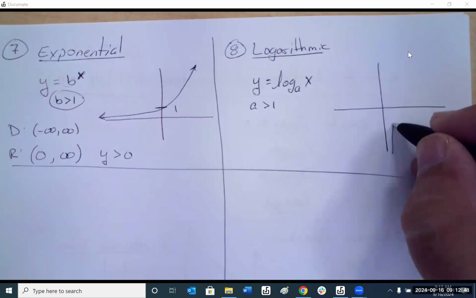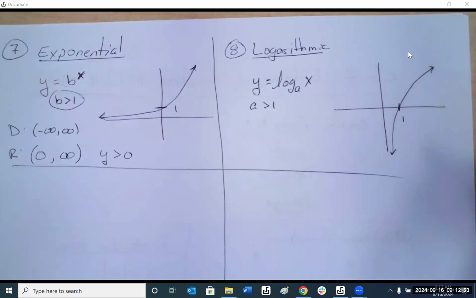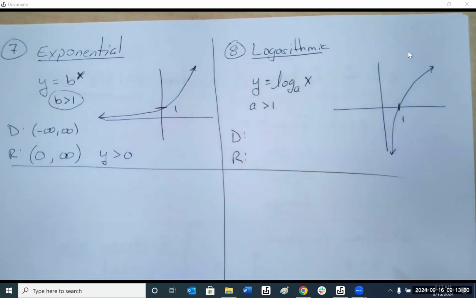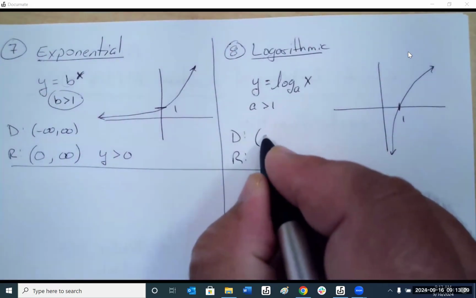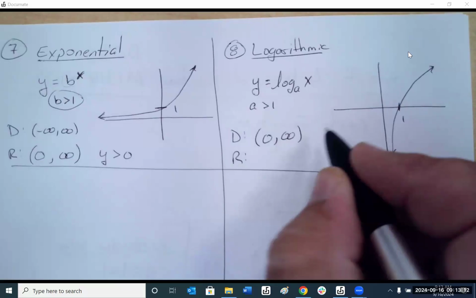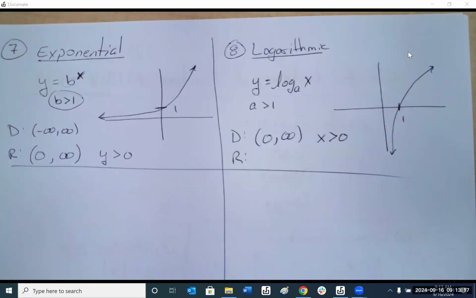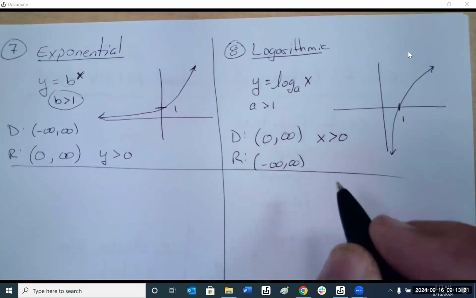What this one looks like is like this. And it crosses through 1. So the domain is greater than 0. So x is strictly greater than 0. And the range, all real numbers.